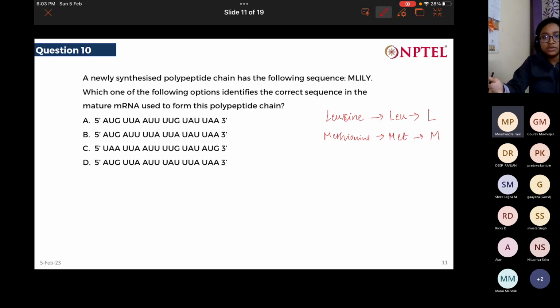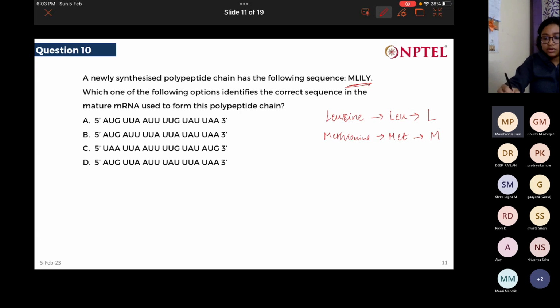On this website, you can have a look and then deduce this sequence. Here the protein sequence is given in the form of 1-letter codes for the amino acids. Please have a look and try it out.